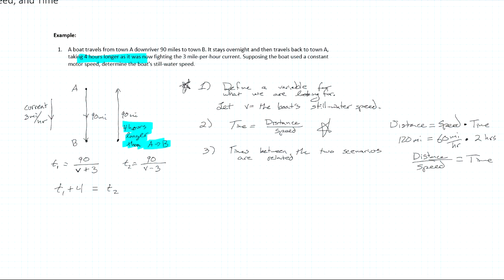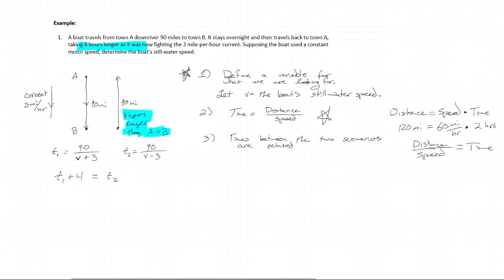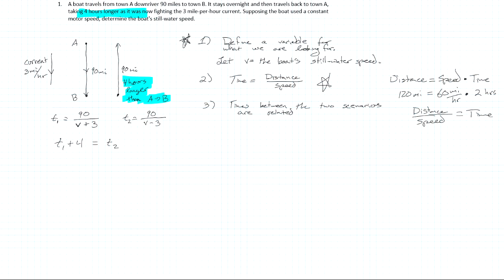Take that first time, 4 hours longer than that, plus 4 to get this amount of time that we take to get back. Now that we do this, then we can plug the equations from step 2 into the equation in step 3.